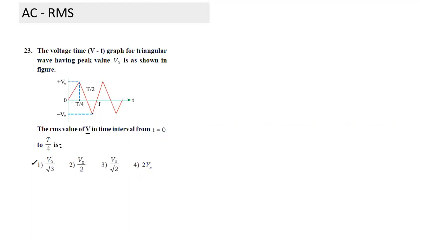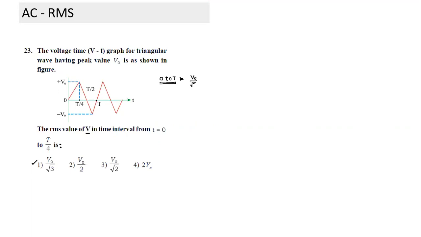And suppose I have to ask here, this also V0. What will the RMS value be between 0 to T? The RMS value from 0 to T by 4 is equal to V0 by root 3. What is the VRMS between 0 to T, Preetham? That also is equal to V0 by root 3.